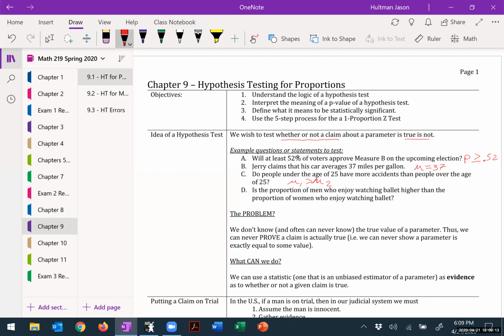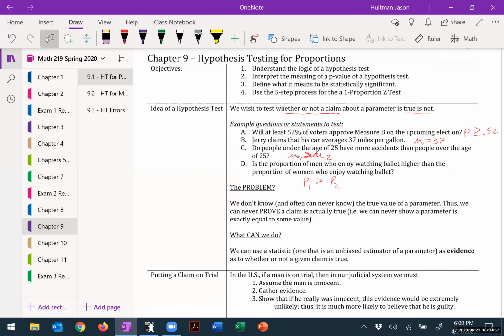So we would set up 2 averages, the number of accidents that people under 25 have compared to the number of accidents that people over 25 have. And part D, is the proportion of men who enjoy watching ballet higher than the proportion of women who enjoy watching ballet? Again, this is a proportion, so this would be P1. Is P1 greater than P2? So different things that we're comparing.